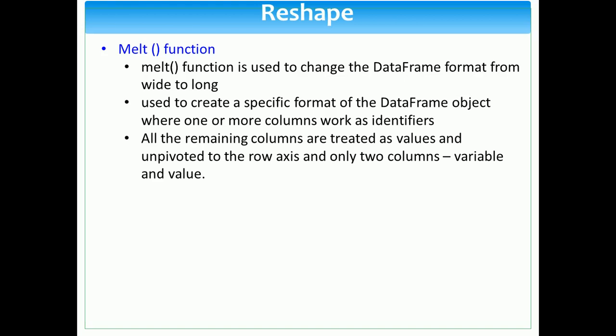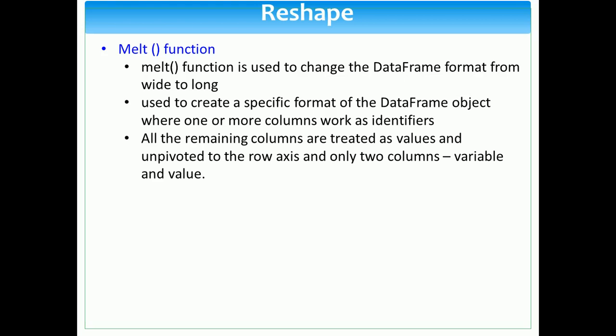So melt is used to change the data frame format. It is used to create a specific format of the data frame object where one or more columns work as identifiers, and the remaining columns are treated as values and unpivoted to the row axis, and only two columns, that means variable and value, will be there.